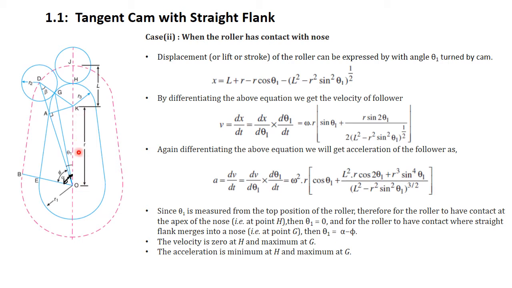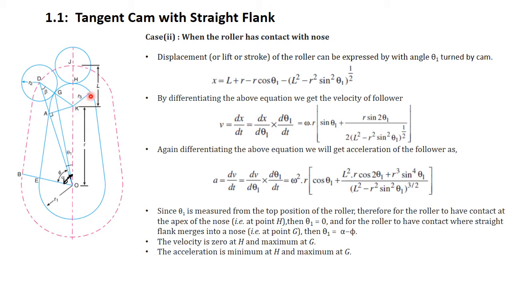Now small r is the distance between the two centers, that is the center of the base circle of the cam and the center of the nose. So the distance between the two centers is assumed as, say, small r.